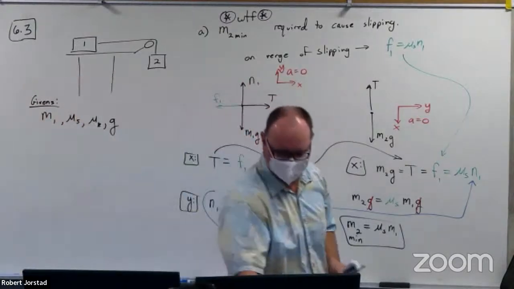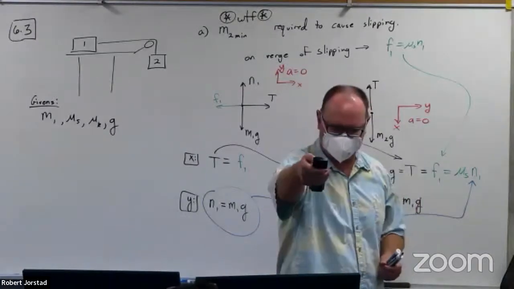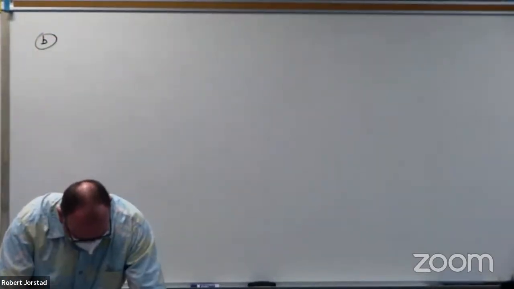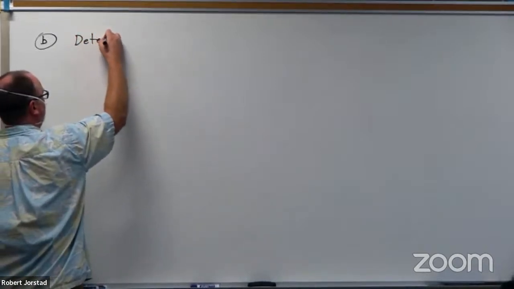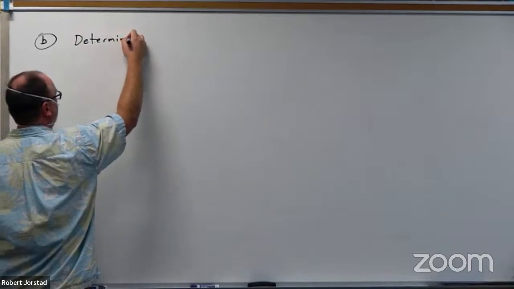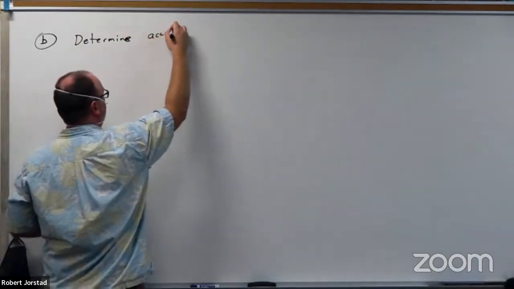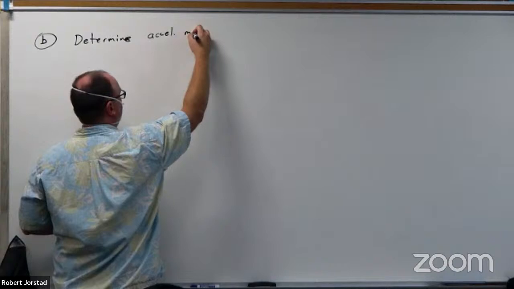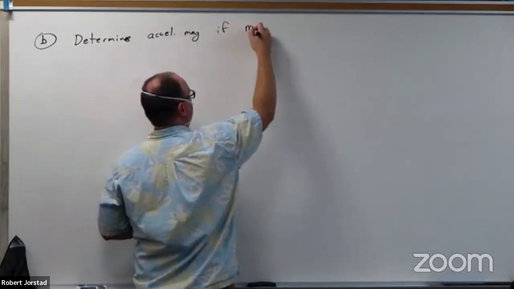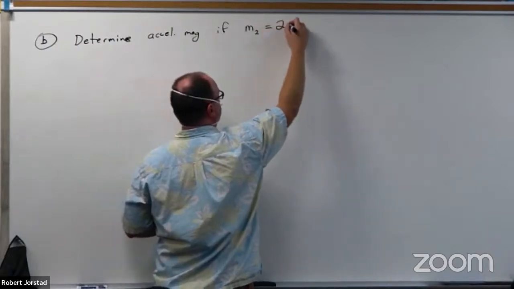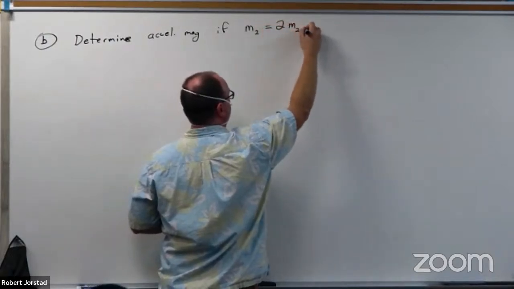All right, now I'm going to look at part B really quick, and then we'll take our break. I know you're tired. Let's just get part B done. And again, if you're already done with it, oh well. It says determine the acceleration if M2 is equal to twice M2 min.